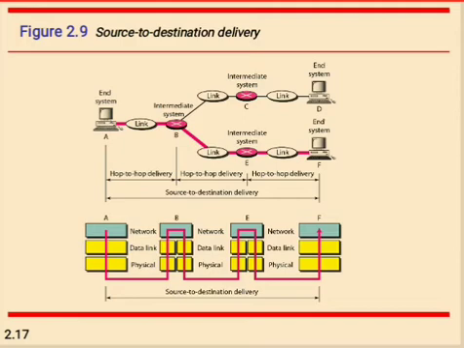So next one, I am going to repeat once again what the network layer does here. The network layer determines which route is suitable from source to destination.